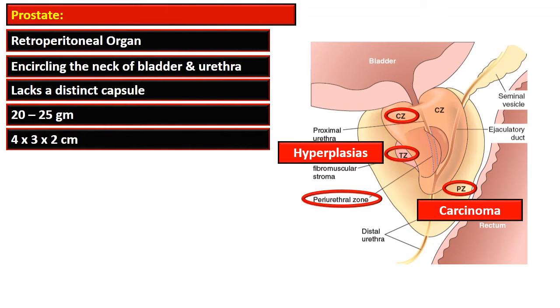The central zone is about 25% of the prostate volume and it surrounds the transitional zone to the angle of the urethra to the bladder base. 5% of the cancer can occur in the central zone, while the peripheral zone is about 70% of the prostate volume and it surrounds the central zone, and here more than 80% of the carcinoma arise.